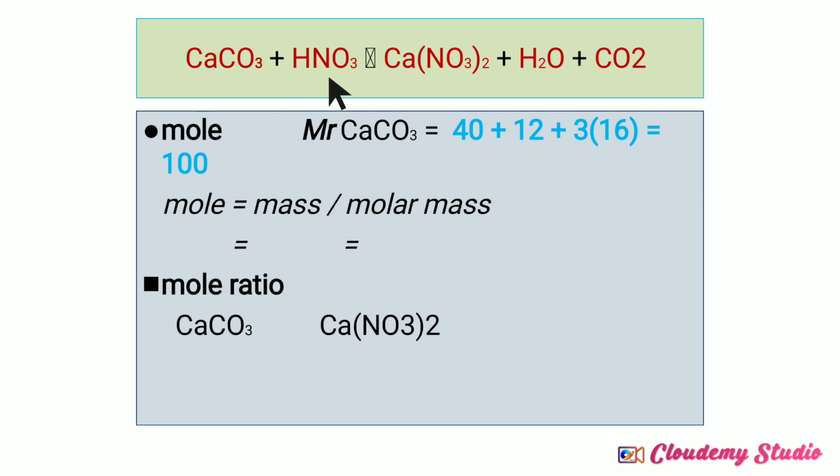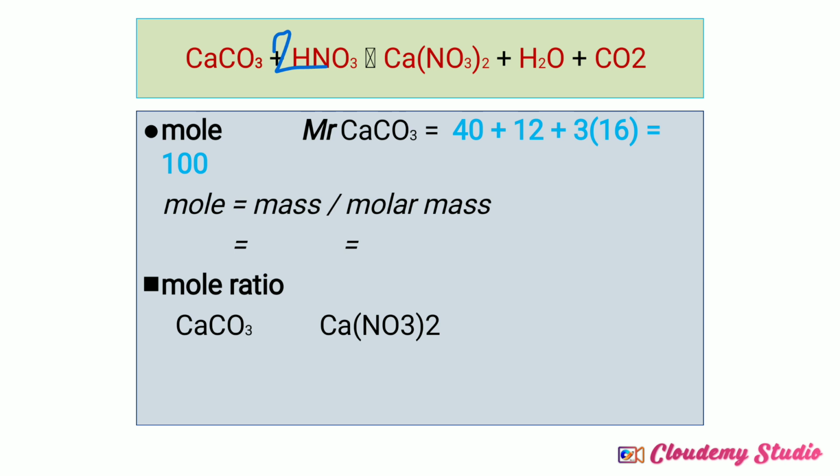Therefore, in order to balance the nitrate, we need to multiply the nitric acid by two. So nitric acid is multiplied by two. Now all the other atoms, if we check, are equal on both sides. So now the equation is balanced.